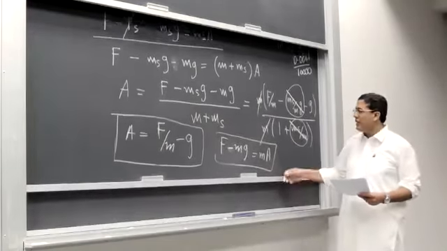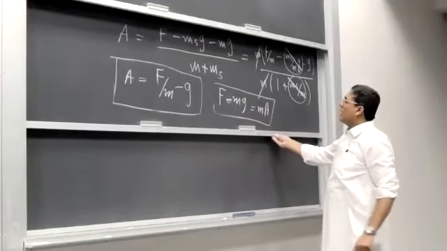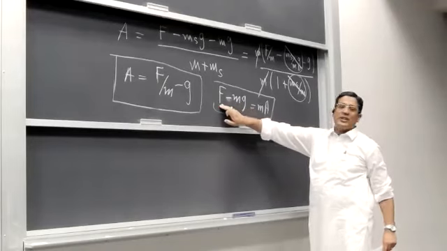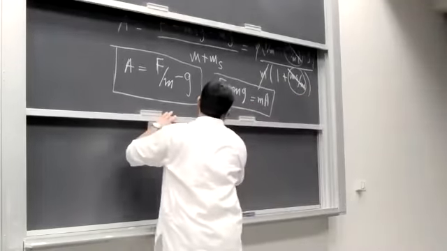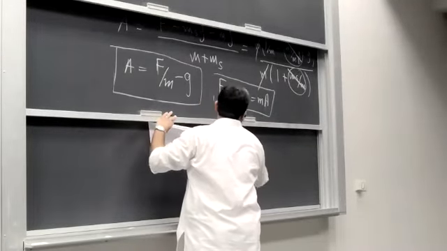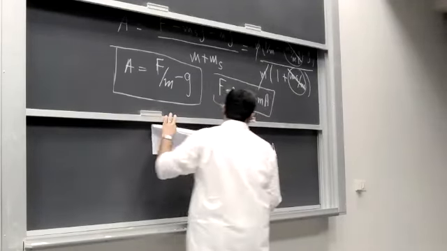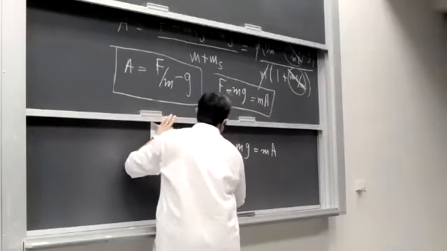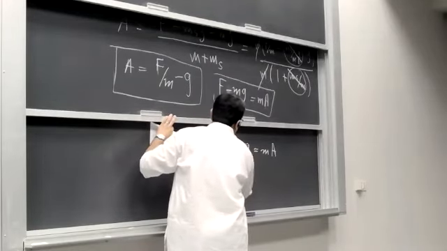But then we are also saying that the force F is equal to Fs. So I can write another equation: Fs minus mg is equal to ma. Well, this is possible only if F is equal to Fs.